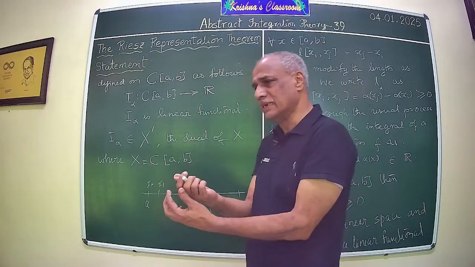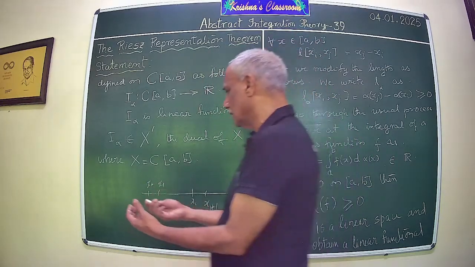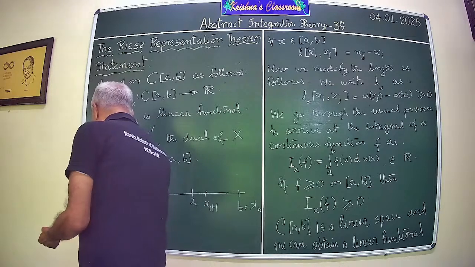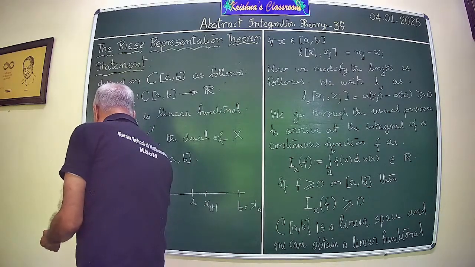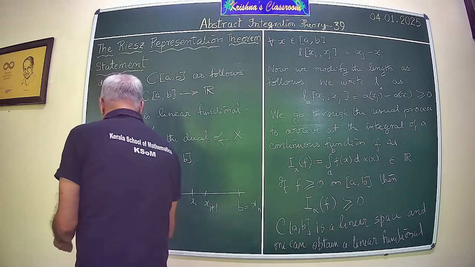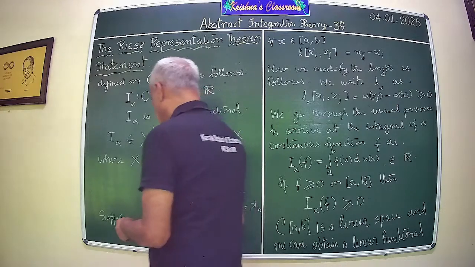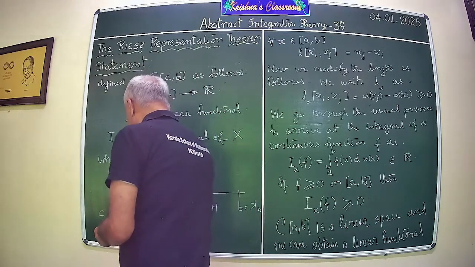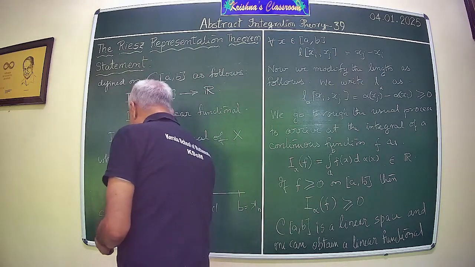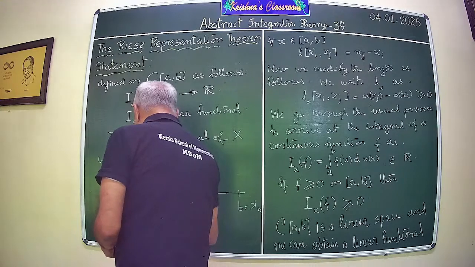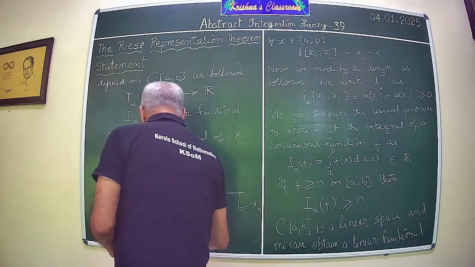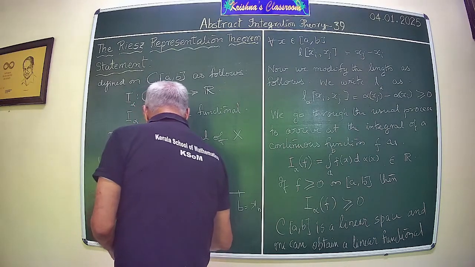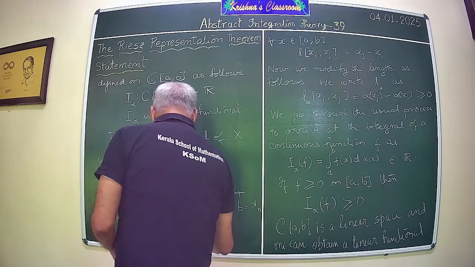Suppose you take any interval containing that region. Suppose alpha is constant on [c, d] contained in [a, b].